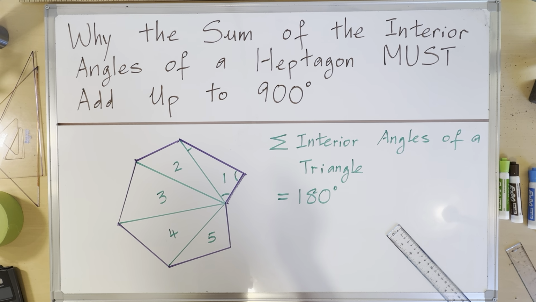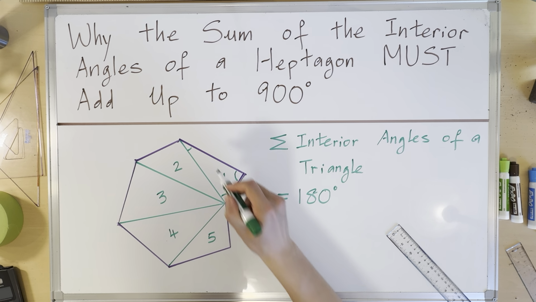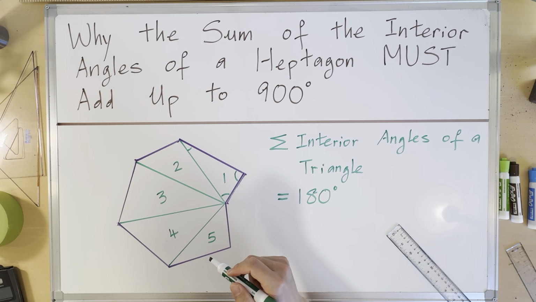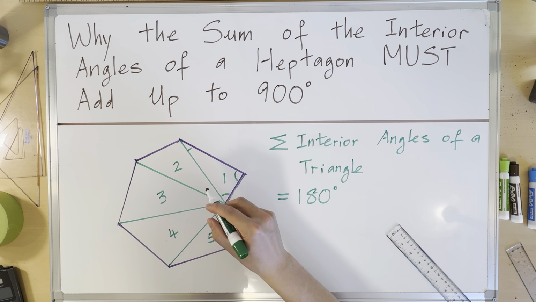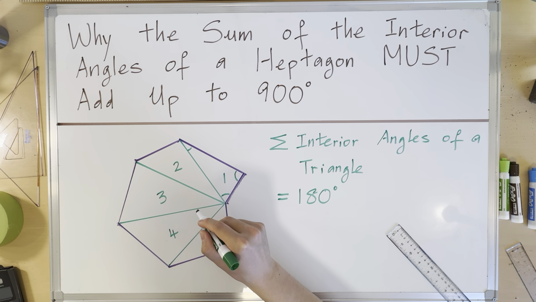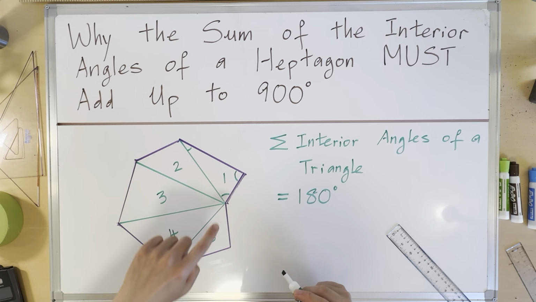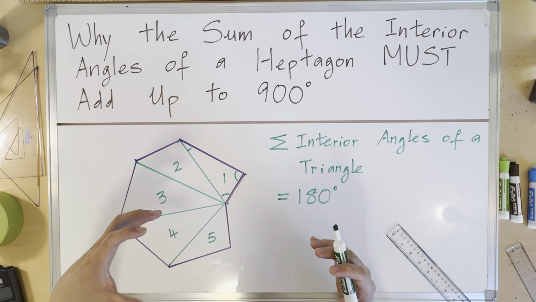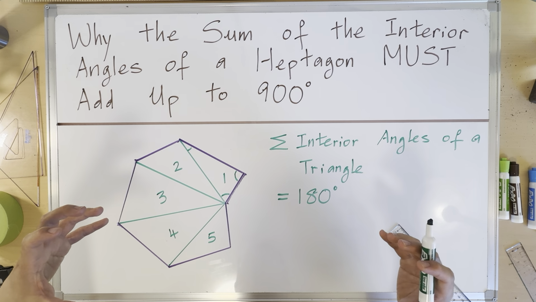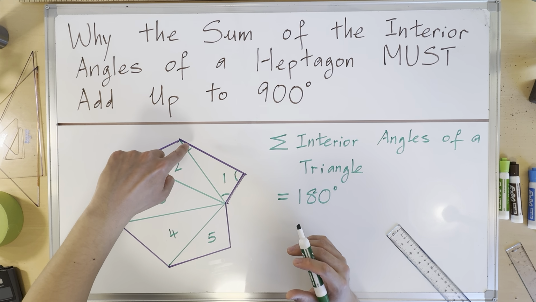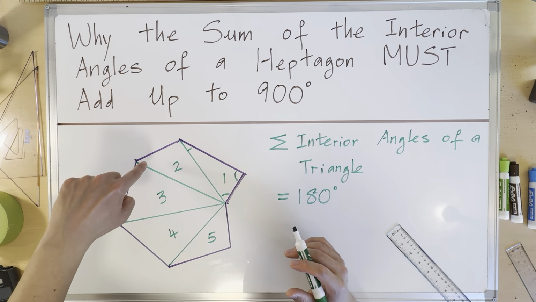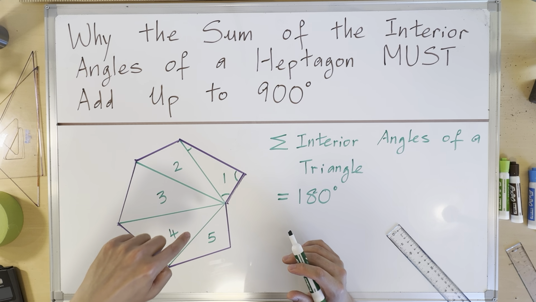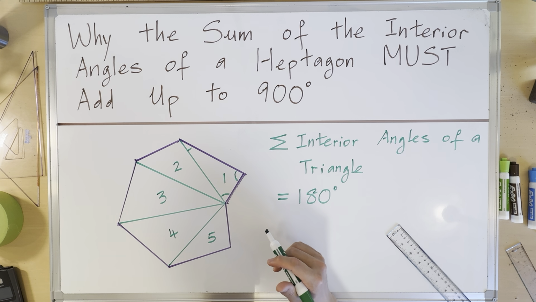If you observe this picture carefully, all of the angles of the triangles, all 5 triangles together, actually make up the interior angles of this heptagon.